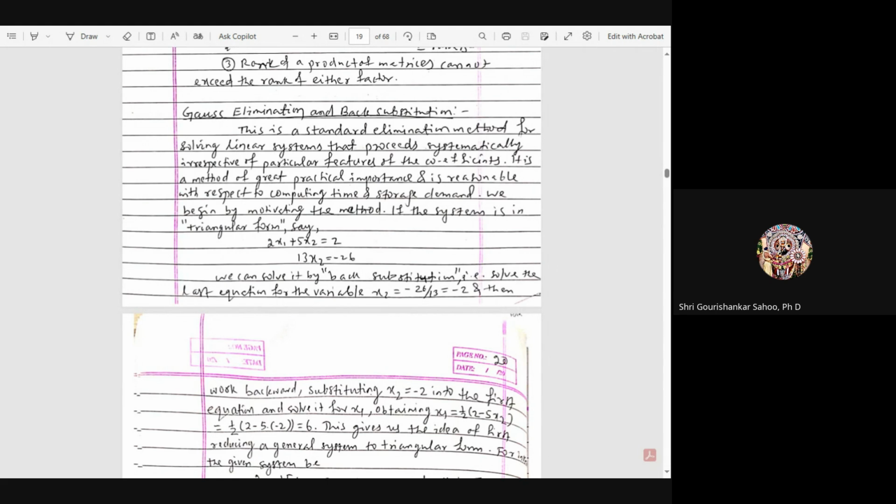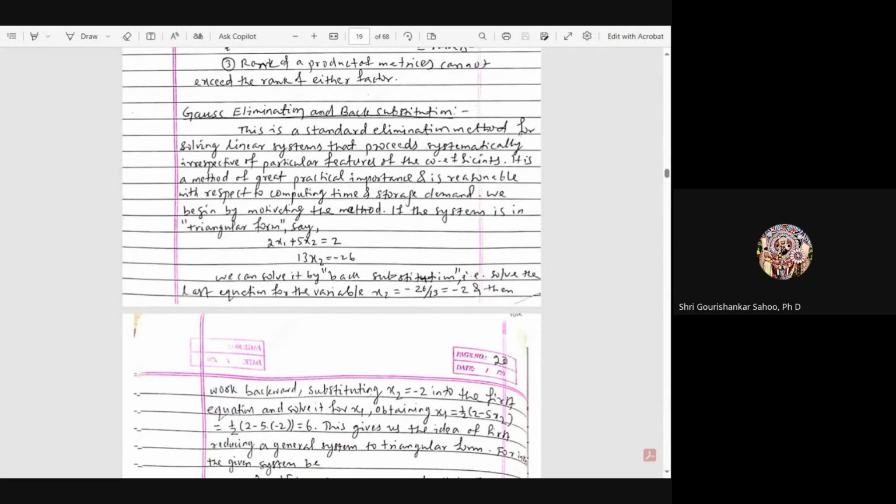Linear systems can be solved systematically, irrespective of particular features of the coefficients, by using the standard elimination method, and it is a method of great practical importance and is reasonable with respect to computing time and storage demand.